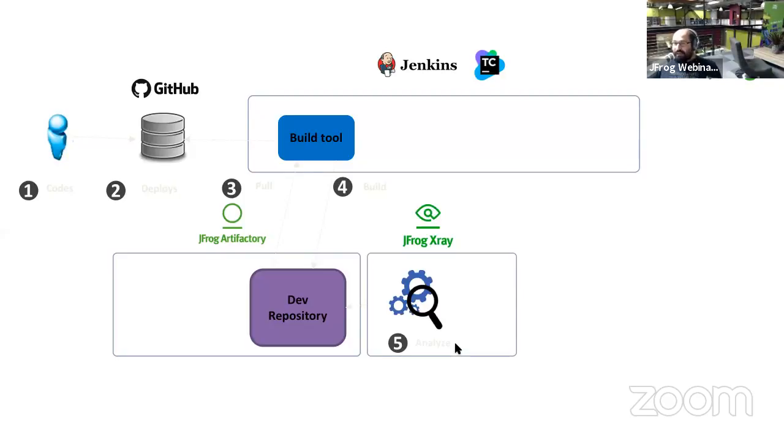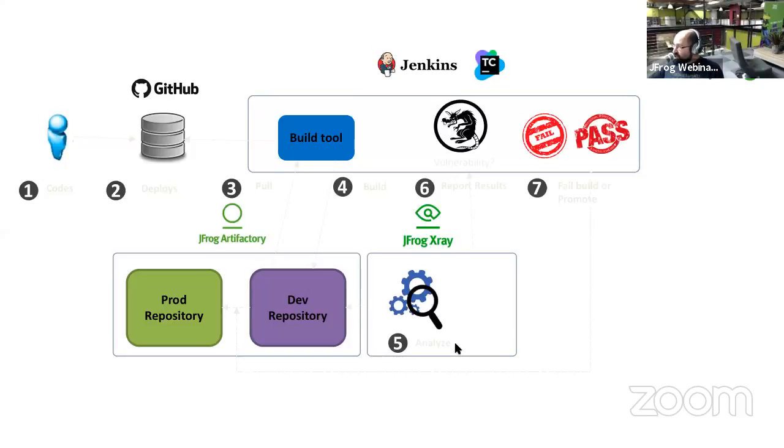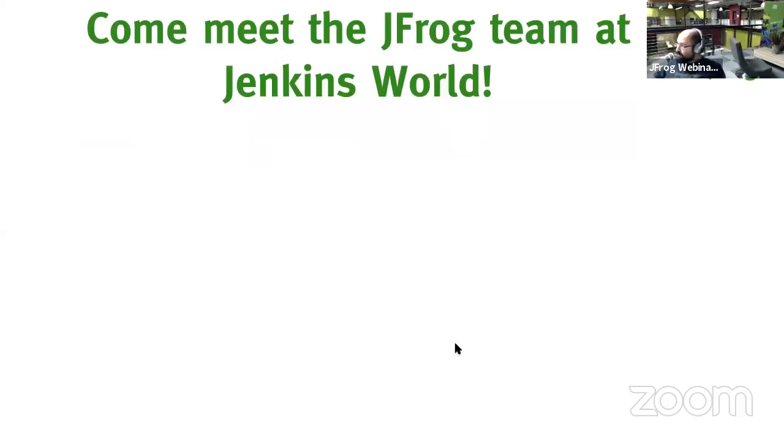And this is exactly where X-Ray kicks in, analyzing the artifacts that you just deployed. It will find all the problems in all the components that are there. And if there are problems, this information will be reported back to Jenkins, and Jenkins will take the decision whether the next step, which is a promotion of the build, should happen or not.